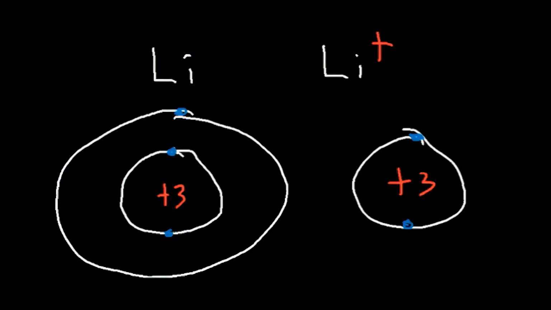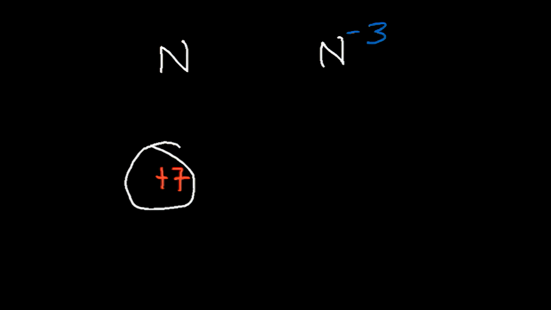Now what about anions, or negatively charged ions? How do the sizes of these ions compare with their parent atoms? So let's use nitrogen as an example, and the nitride ion. Nitrogen has 7 protons in its nucleus, and an atom of nitrogen has 7 electrons.